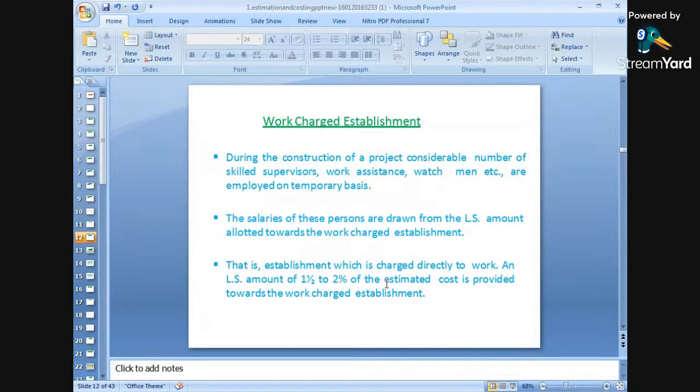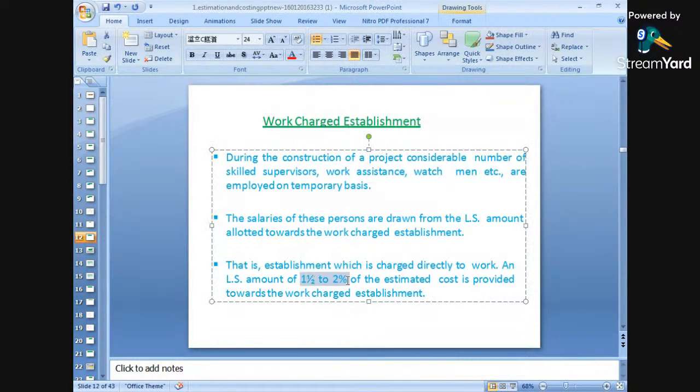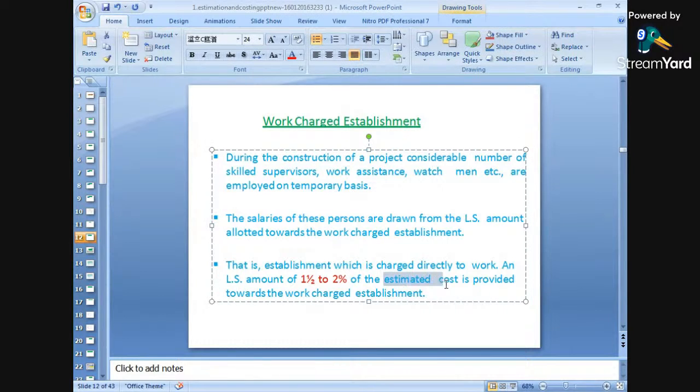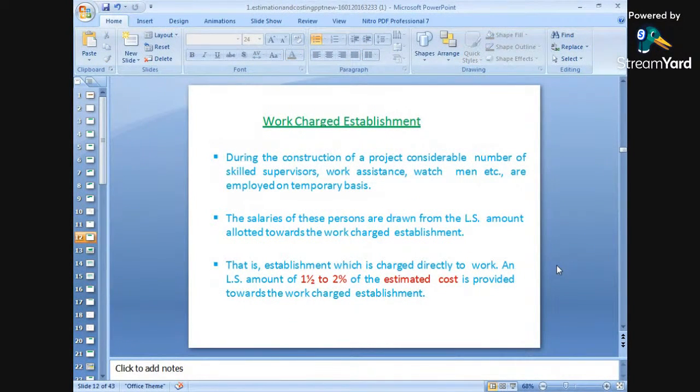This is charged directly to the work, and a lump sum amount of 1.5 to 2% of the estimated cost is provided towards the work charge establishment. How much amount is taken care of by this? About 1.5% to 2% of the total estimated cost is kept aside for the work charge establishment.